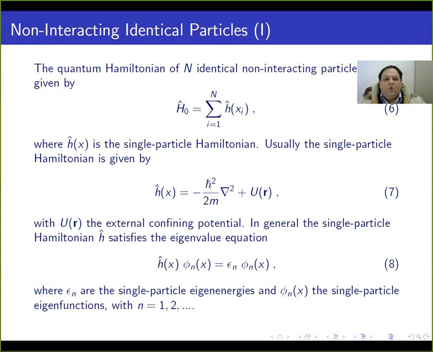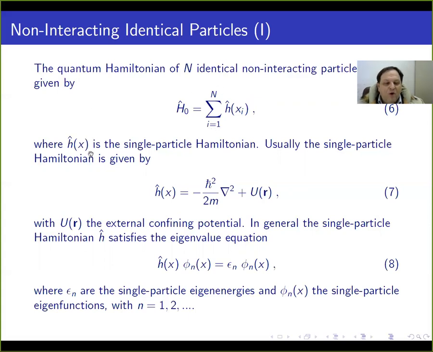The quantum non-relativistic Hamiltonian of n identical non-interacting particles is given by equation 6. You see, this capital H naught with the hat is the sum of small h with the hat Hamiltonians, which are a function of the generalized coordinate x subindex i. You have to sum over i that goes from 1 to n.